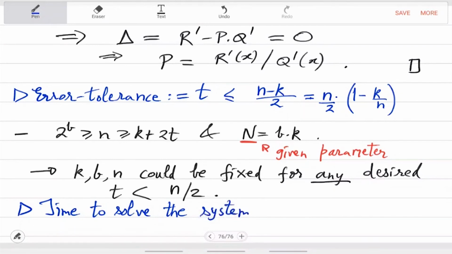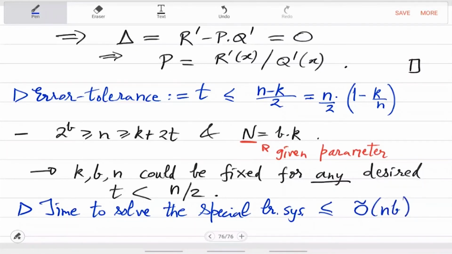Trivially, you can say the time to solve is polynomial in n, but even stronger claims can be made. You can actually show that the time to solve this special system is something like O tilde NB. So you can actually solve it quite fast, and so overall we can do everything in subquadratic time.